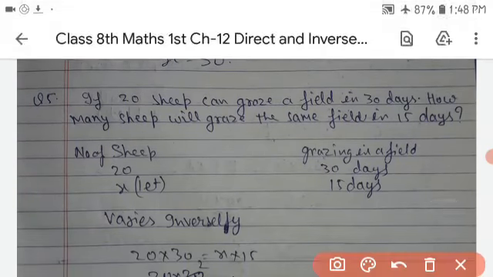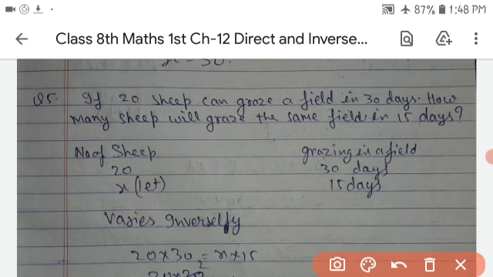Next question. If 20 sheep can graze a field in 30 days, how many sheep will graze the same field in 15 days? Here the number of sheep grazing a field: 20 sheep graze the field in 30 days. Suppose X sheep graze the field in 15 days.